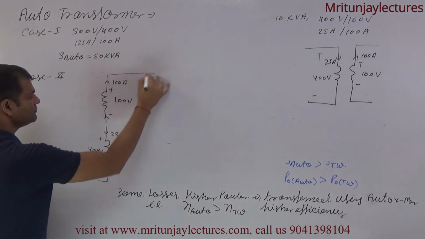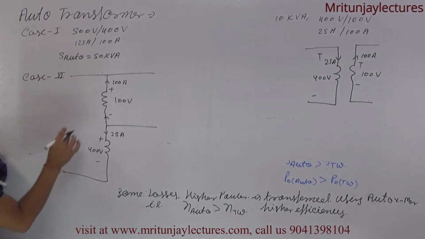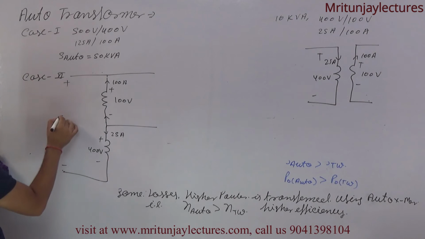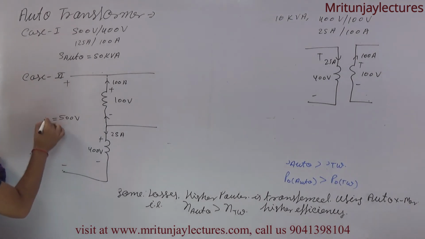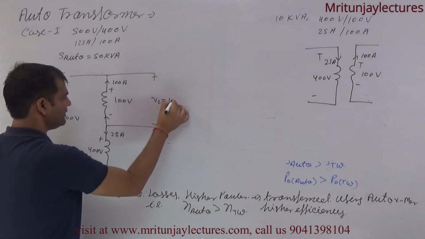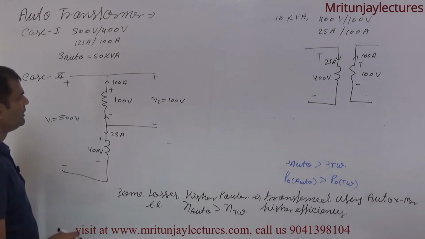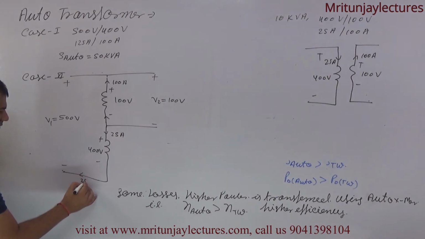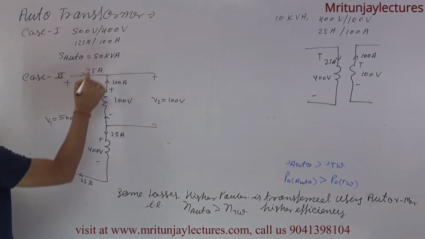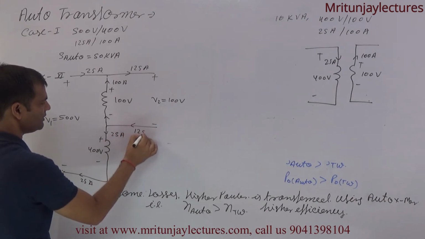Now another configuration: 400 plus 100, that is 500 V1, and output voltage V2 is 100. Clear? What about current? That is 25, it is also 25, and that is 125 ampere, and that is 125 ampere.